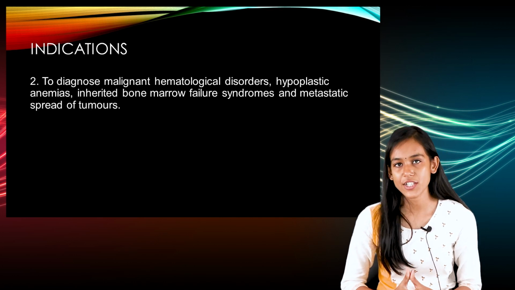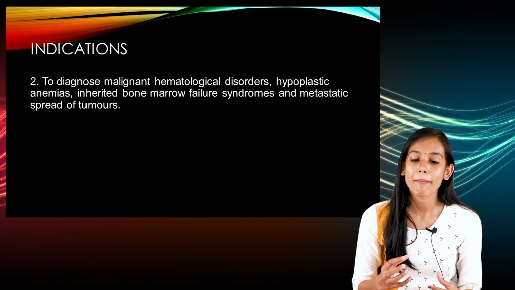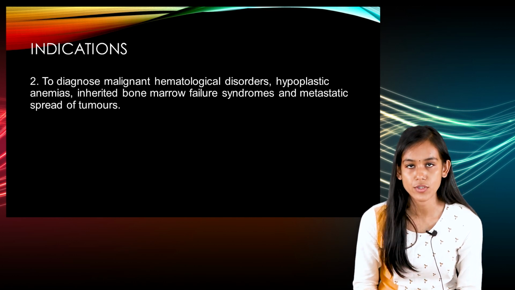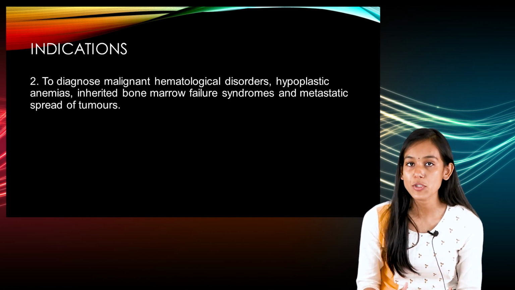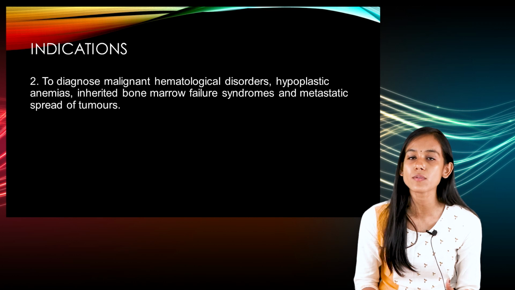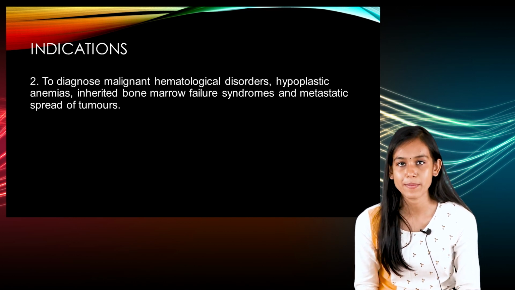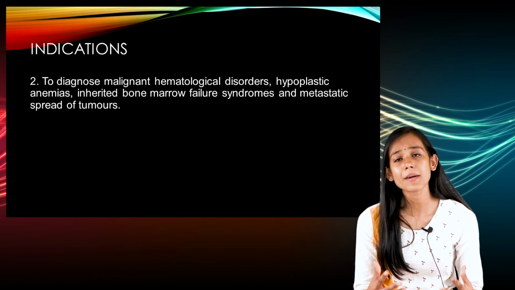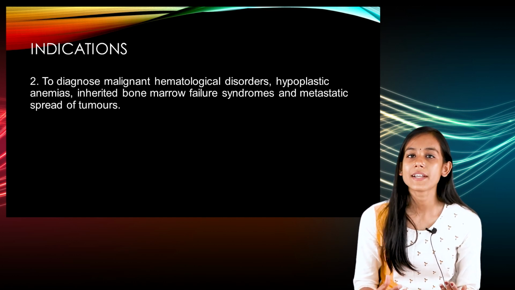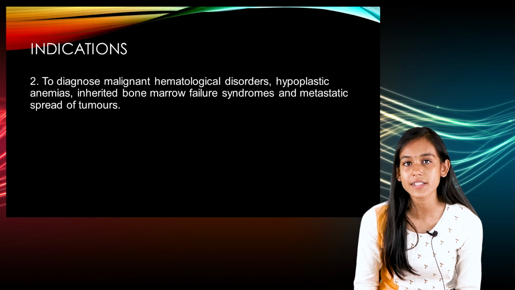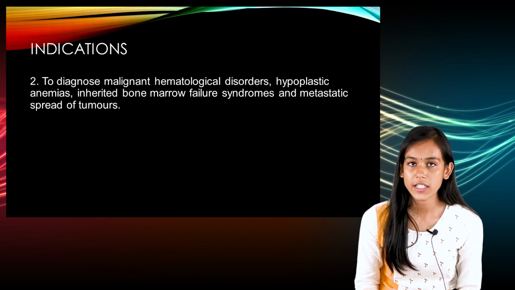The next indication is to diagnose malignant hematological disorders. When there is any kind of malignancy or malignant hematological disorder, bone marrow aspiration is performed to diagnose it. Sometimes there is metastatic spread of tumors, and there are also some inherited bone marrow failure syndromes.